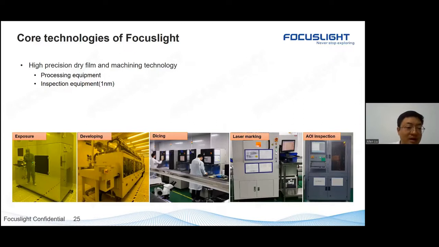You can see our exposure machine, developing machine, dicing machine, laser marking and AOI inspection. And we are developing more and more automation equipment in our production to increase efficiency and ensure quality and stability.